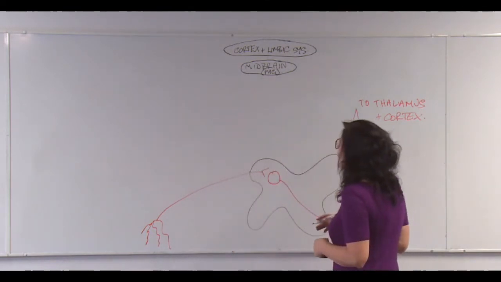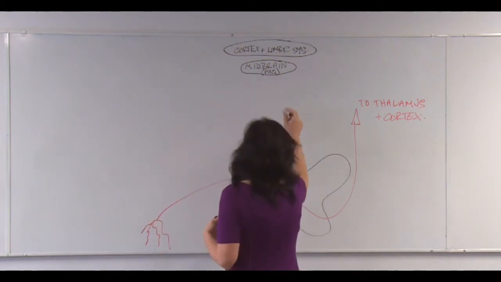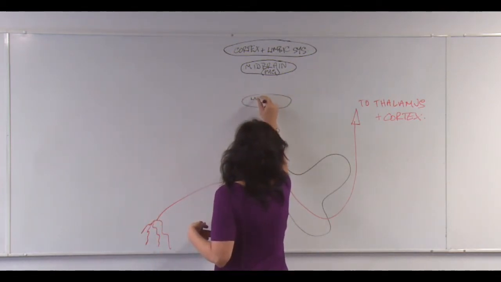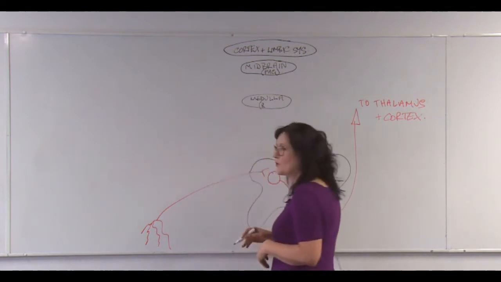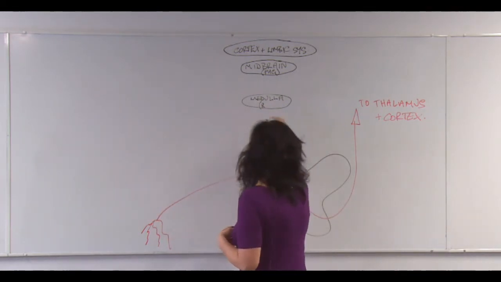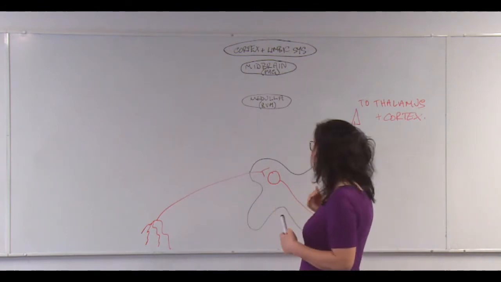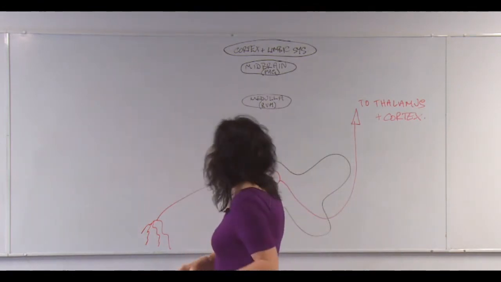Involved in this pathway, we also pass through the medulla, because he doesn't like to be left out. If you remember, that's the rostral ventromedial medulla, RVM. So if you see RVM in text, you know that we're talking about the medulla, and you generally will in terms of pain.